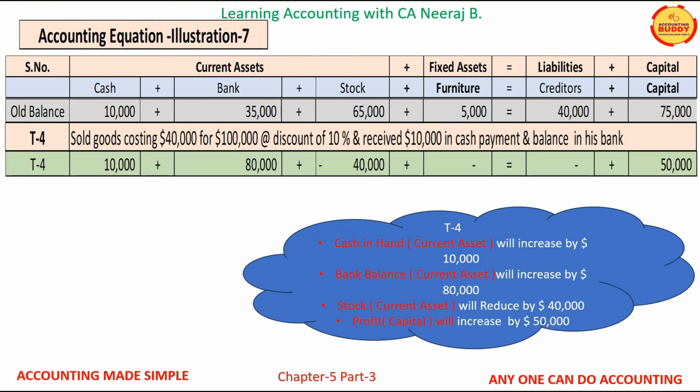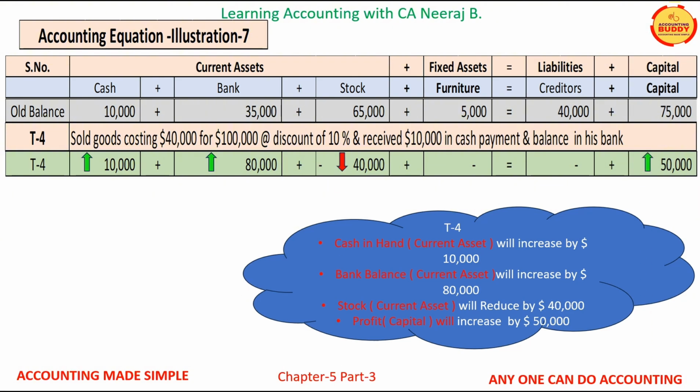Therefore, their effect will be on the left hand side of the accounting equation, and the effect of the profit earned will be on the capital, which is on the right hand side of the accounting equation. Cash will increase by $10,000, bank balance by $80,000, stock will be reduced by $40,000, and the capital will increase by $50,000.